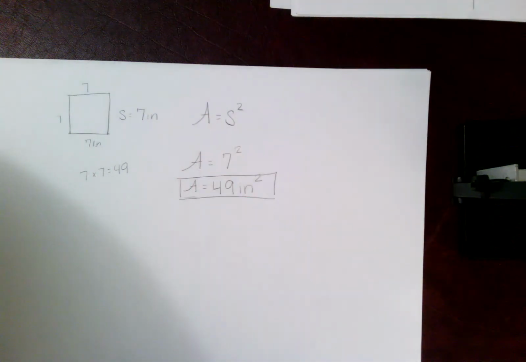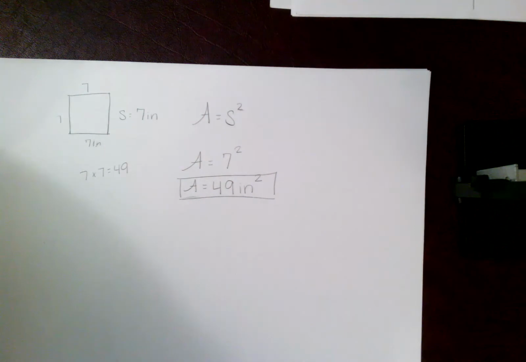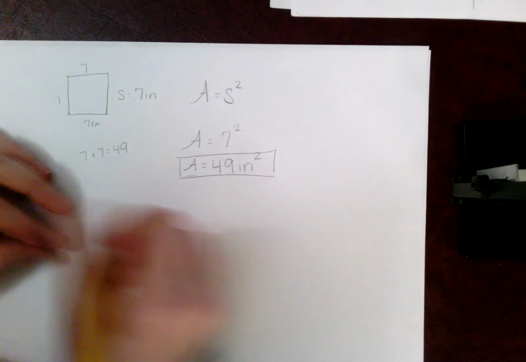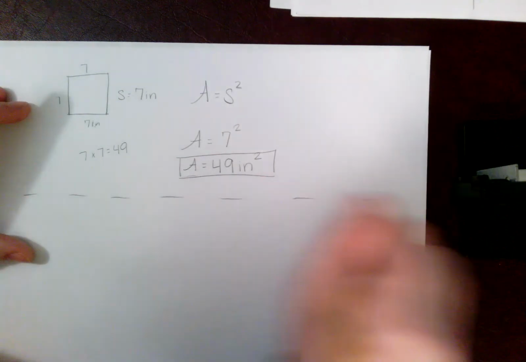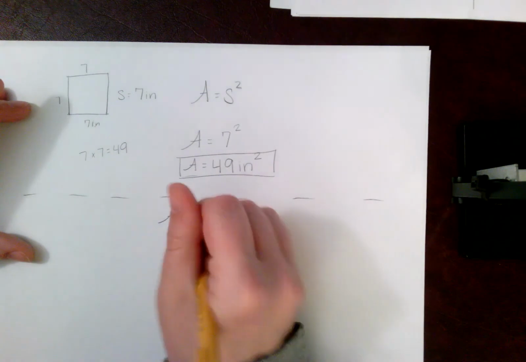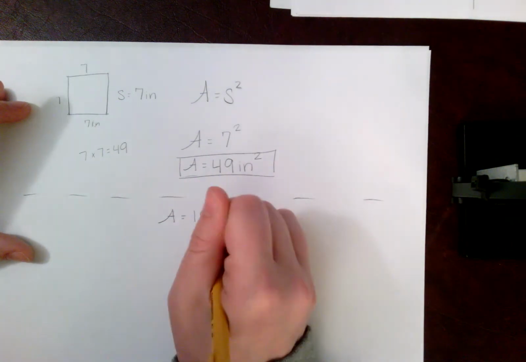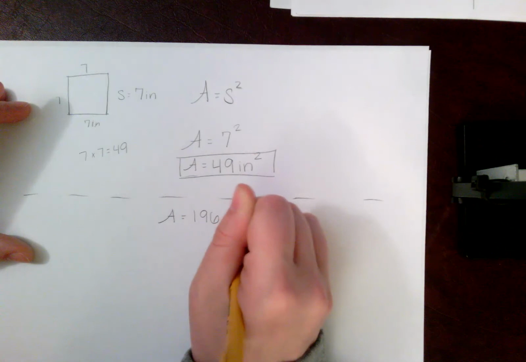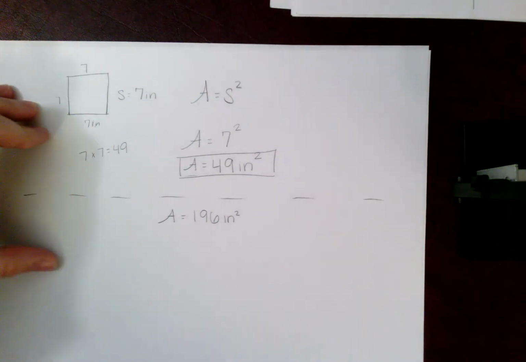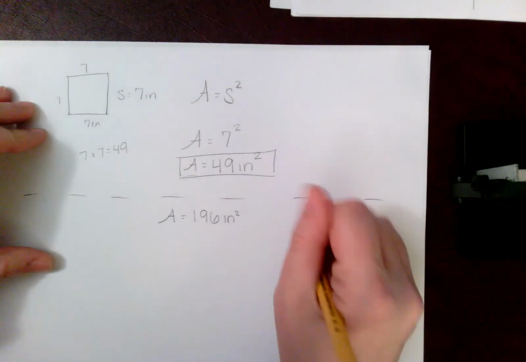Here is our formula. But now, I always love to take it that further step. What happens if you're reading a problem and it tells you your area is equal to 196 inches squared, and they want to know what the length of your side is.